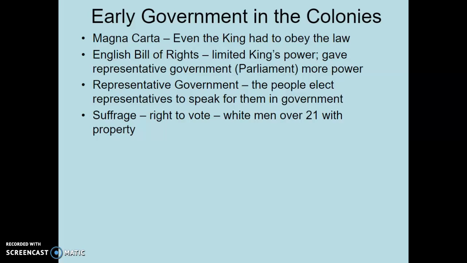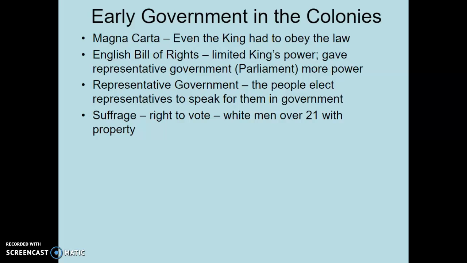Originally here in the colonies, or what becomes the United States, suffrage was limited to white men over the age of 21 that had property. So basically, rich white dudes. And suffrage is just a fancy term for the right to vote. And what you'll see throughout this course is that as you go through time, more and more people gain the right to vote.